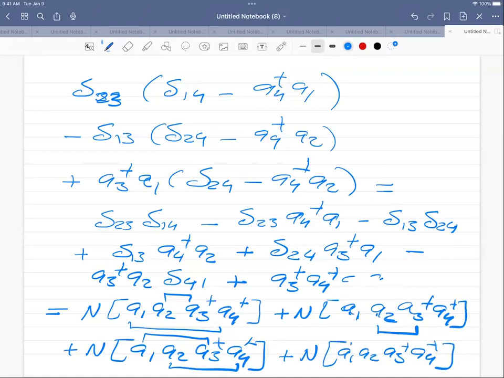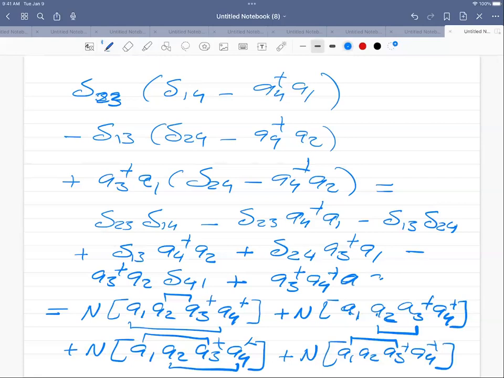And in this case, we actually have this contraction, and that is also a normal order product where we have an annihilation and creation operator, and that gives automatically 0. Then we can continue in this fashion.